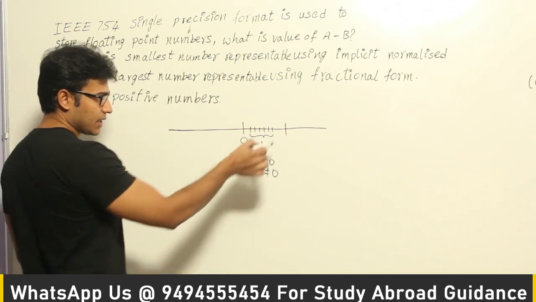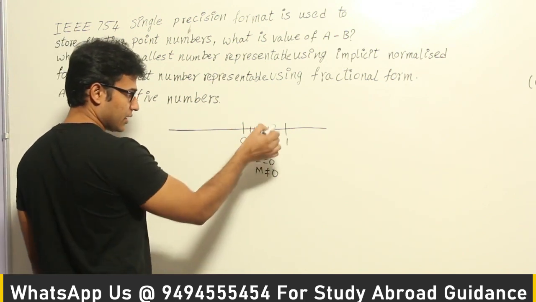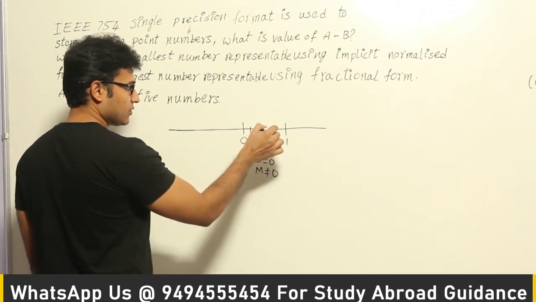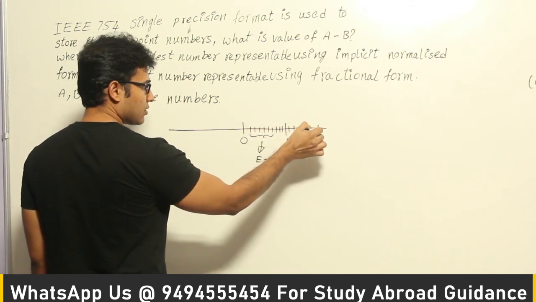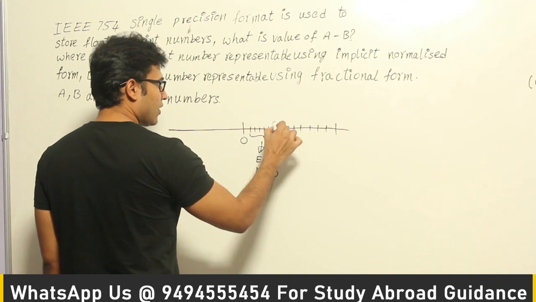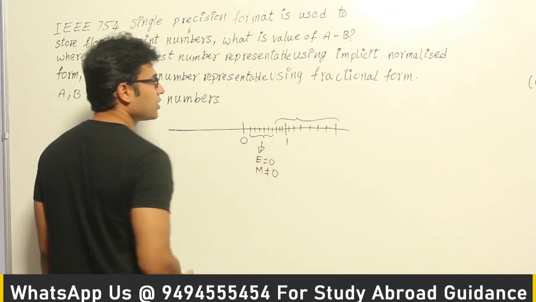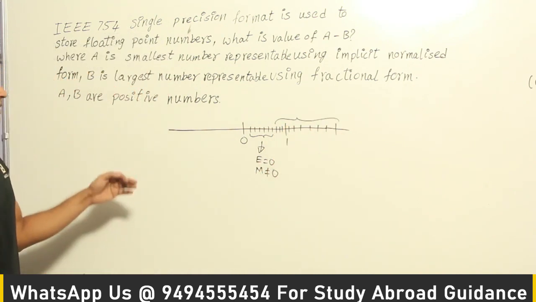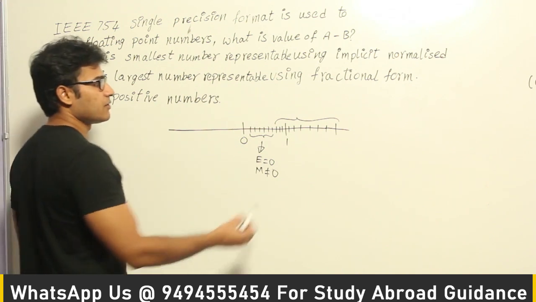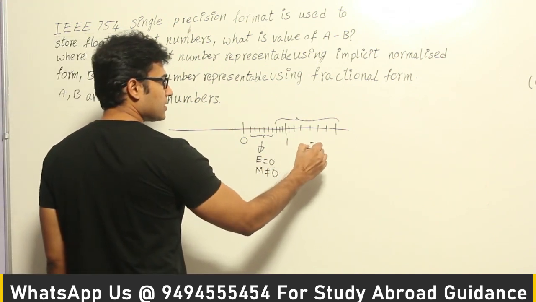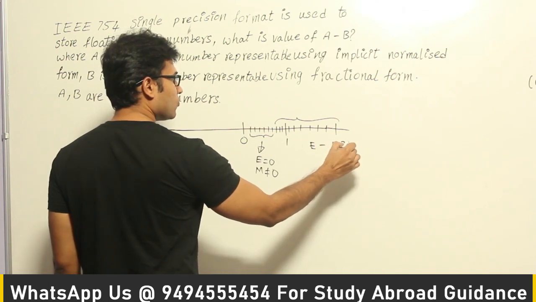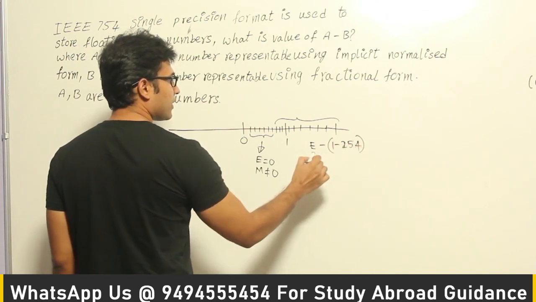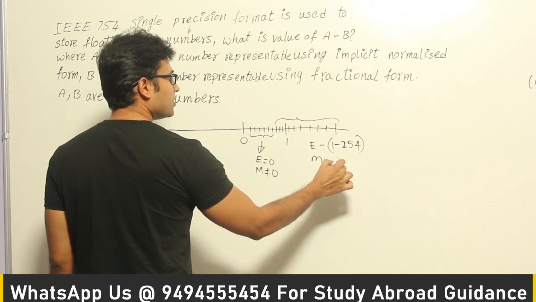And after this, again let us say this is 1, again there will be numbers which will be representable using some other form. All these numbers are represented by the other case where e is ranging anywhere between 1 to 254 and m can be any number.